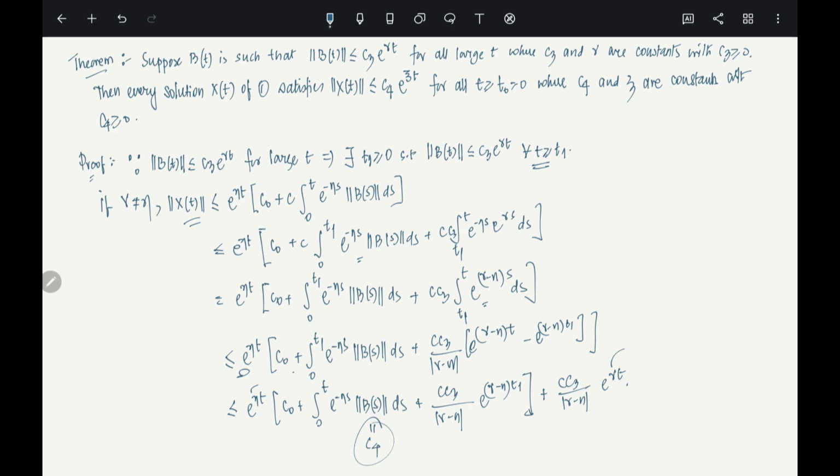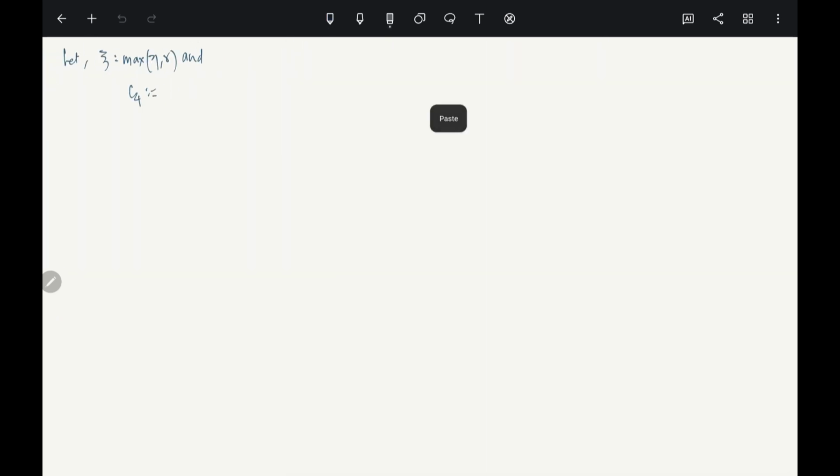I am not writing it anymore. So what happens is, if we do that, then one can see that we have norm of x(t) dominated by C4 times e to the power xi t, right? This holds for all t greater than or equal to 0, and hence it is proved.